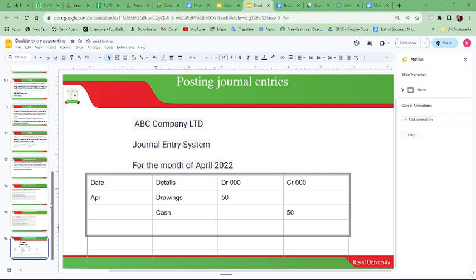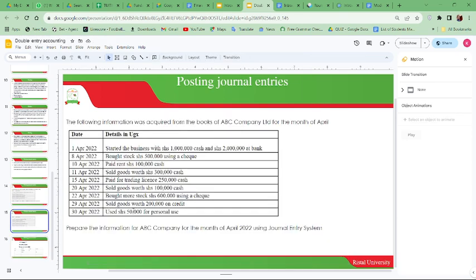So you put your description: used 50 for personal use.